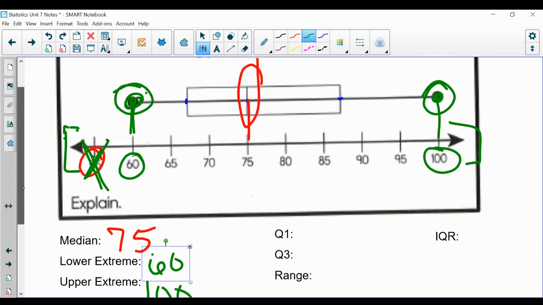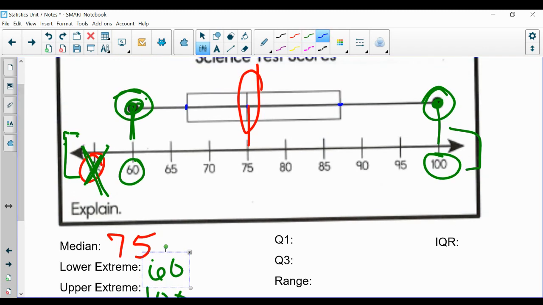Okay, next we're looking for our Q1 and our Q3. So my Q1 is the left-hand side of my box, and I look for that dot. I look down, and there's not a given number here. So you guys have to kind of estimate what that number is, and just know that I will never penalize you for estimating a different number than what somebody else did.